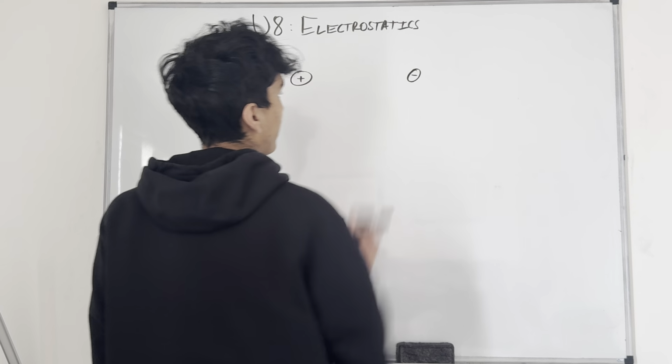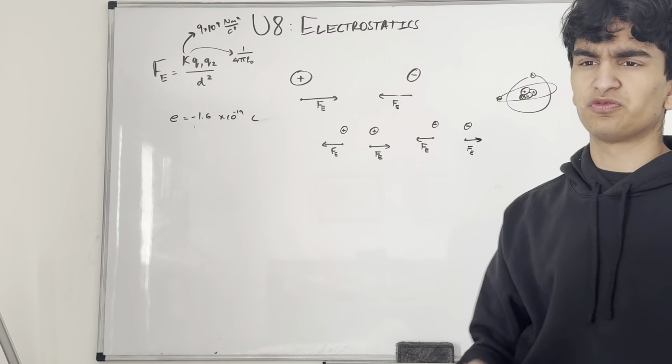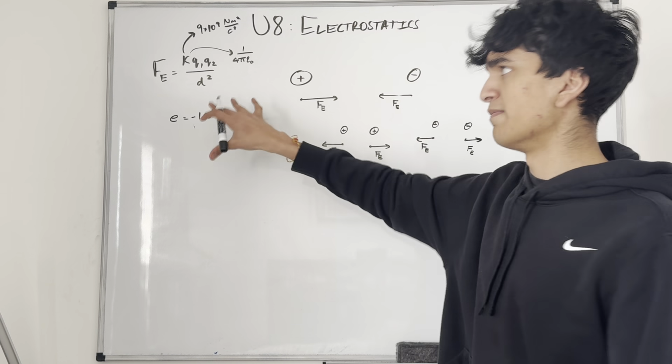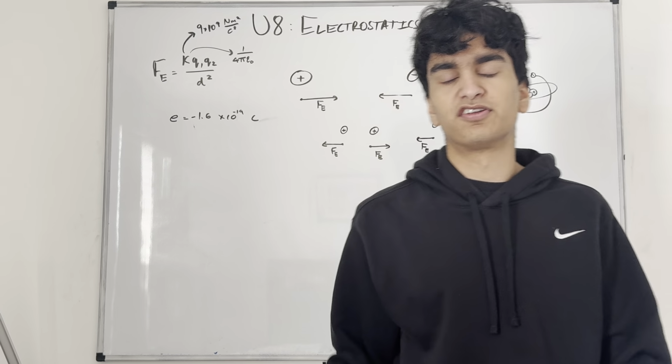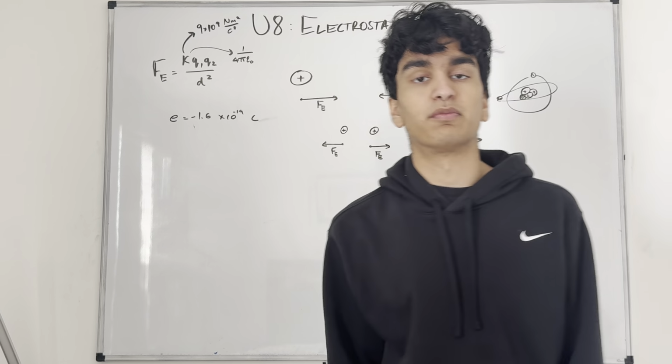And I think if you get the vector form of this equation, this is really the magnitude, so the negative doesn't even matter. But if you have the vector form of the equation, then that negative helps you determine whether the force is pointing towards your source, the proton, or away. That's what the negative is there for.